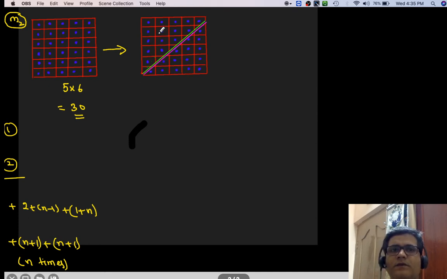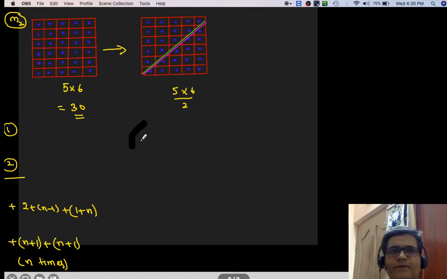Now the above part contains 30 by 2, that is 15 dots, and the below part contains 15 dots, that is 5 into 6 by 2.